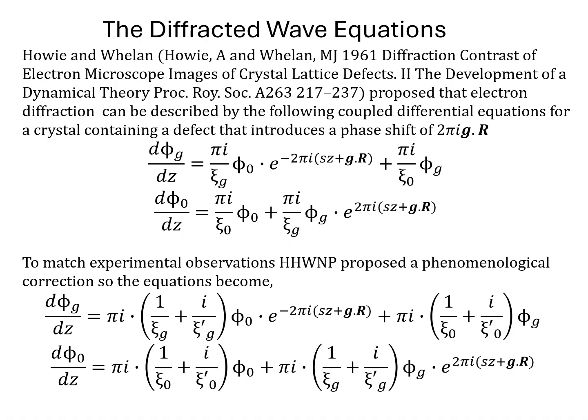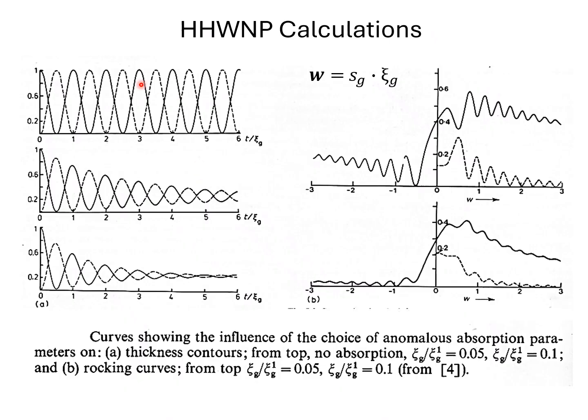And what are we talking about? What's observed is the variation in the intensity as you go down the crystal for different combinations of these extinction distances, and also the variation as one moves between S positive and S negative. So, and this is directly from Hirsch, Howie-Whelan, Nicholson, and Pashley.